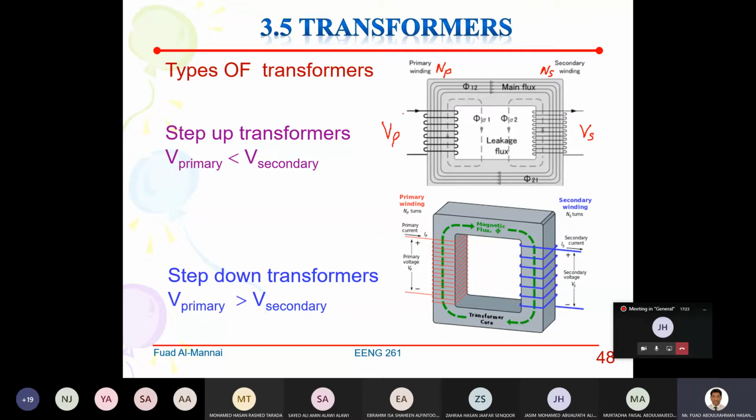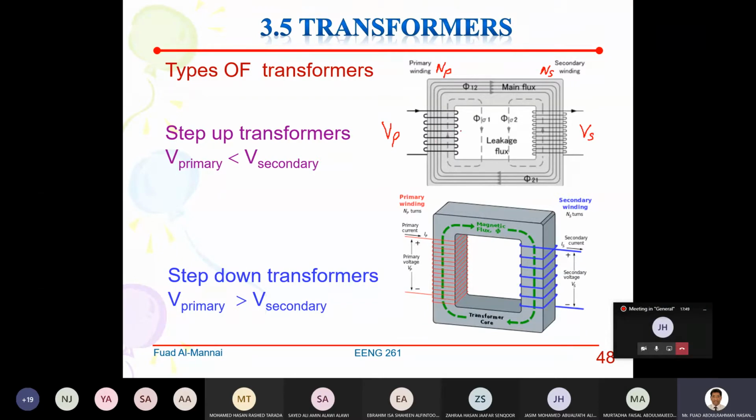The voltage that you supply the transformer with is called VP, or primary voltage, and the number of turns on the primary we call NP.